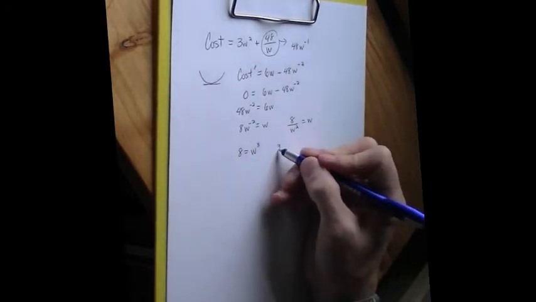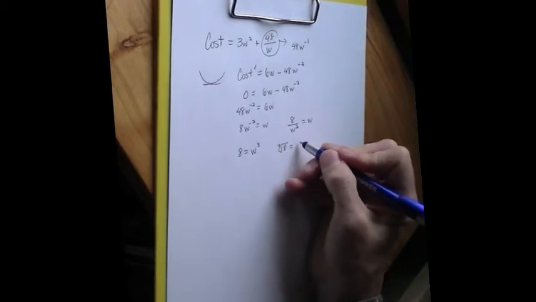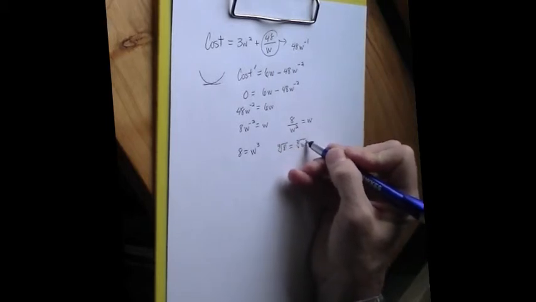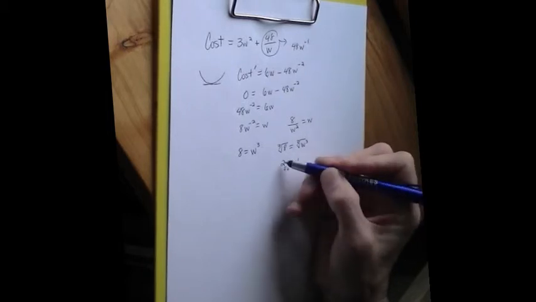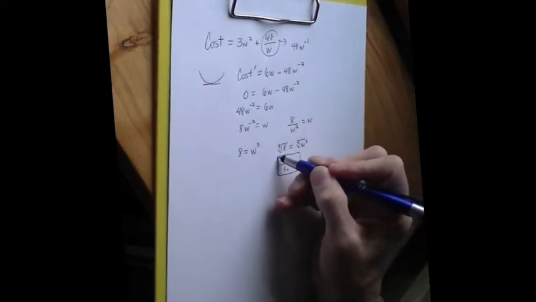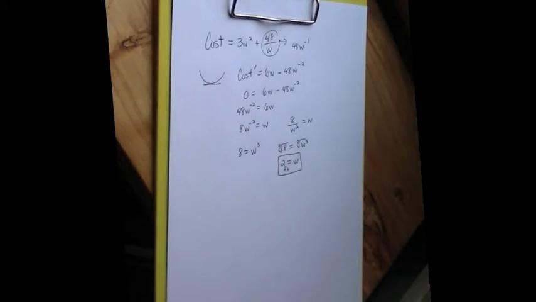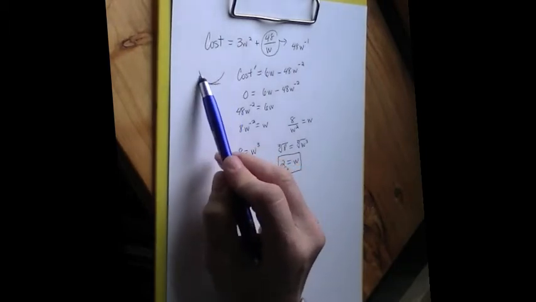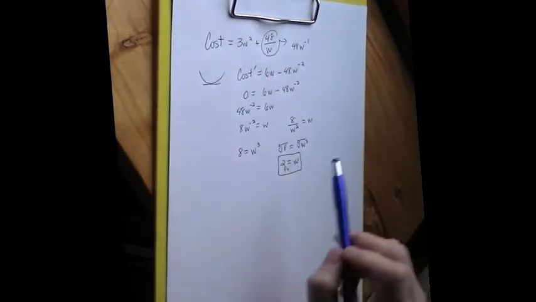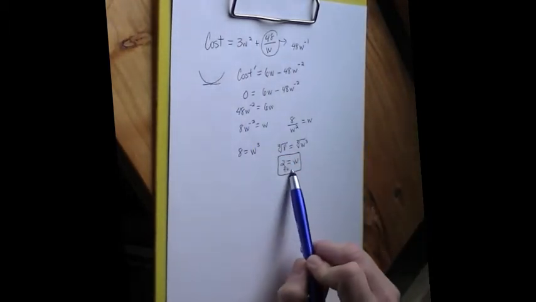And if I take the cube root of both sides, that gives us that the width has to be 2 feet. So it looks like I'm going to get a minimum cost when we have a width of 2 feet. It might be helpful to double check that our graph is concave up at that point, because this could be giving us a maximum cost.